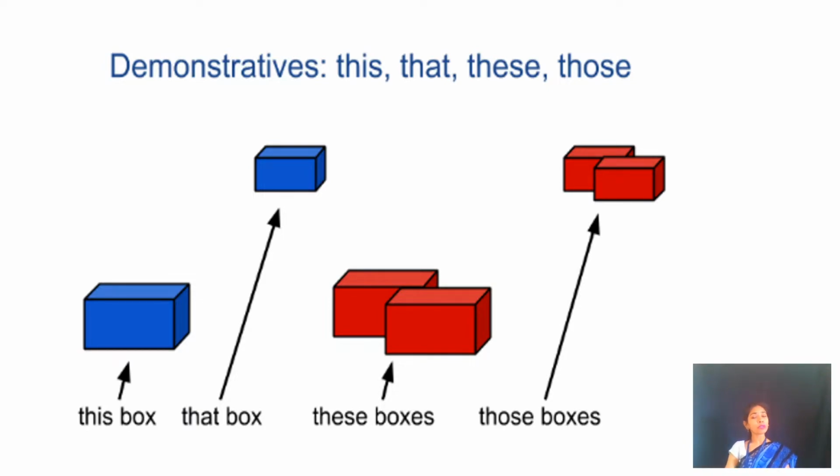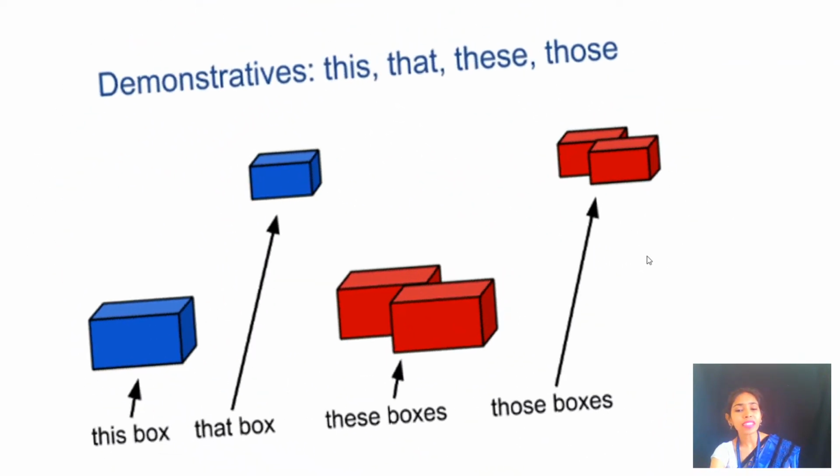So, then हम क्या use करेंगे? These. These are boxes. But when the box is kept far and it is more than one, so then we will say those are boxes. Those are boxes, right?